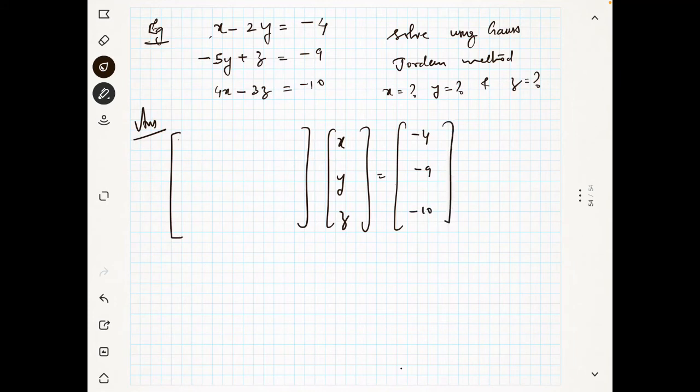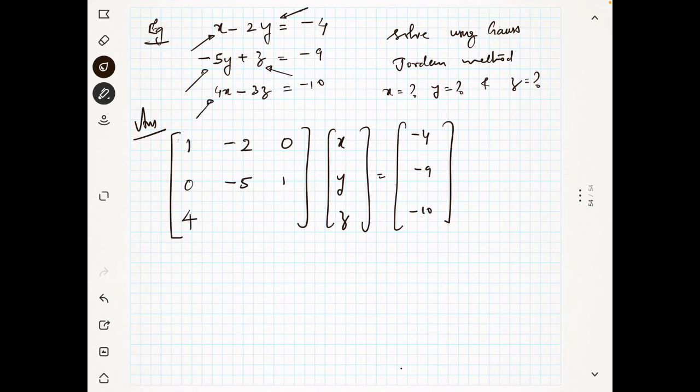Next, you see the coefficient for x is 1, and the coefficient for y is minus 2, then it is 0. There is no coefficient for z in the first equation. Now in the second equation there is no x, so the coefficient for x is 0, for y it is minus 5, and for z it is 1. Here the coefficient for x is 4.